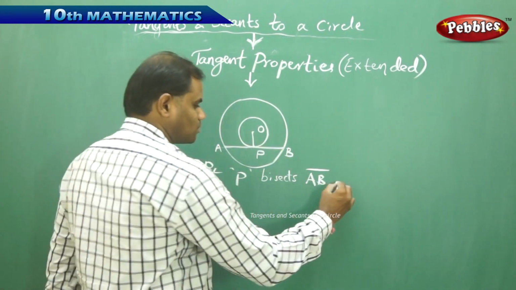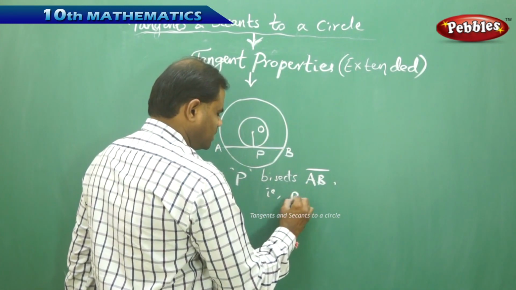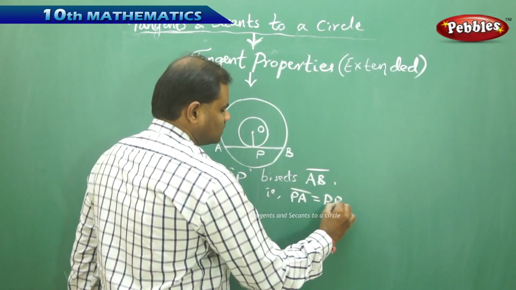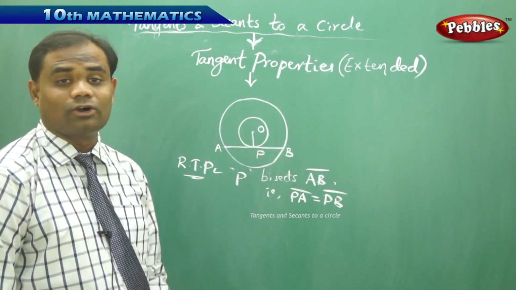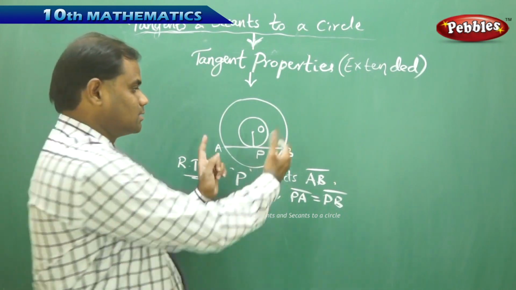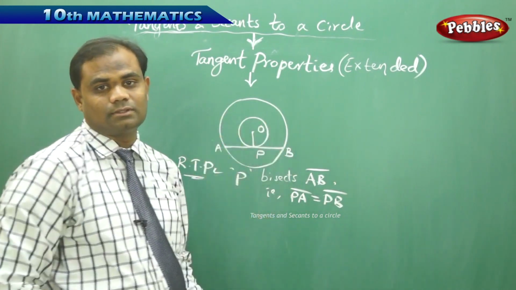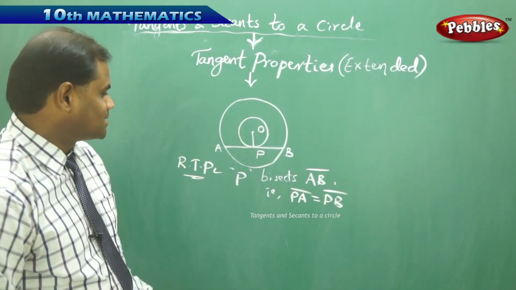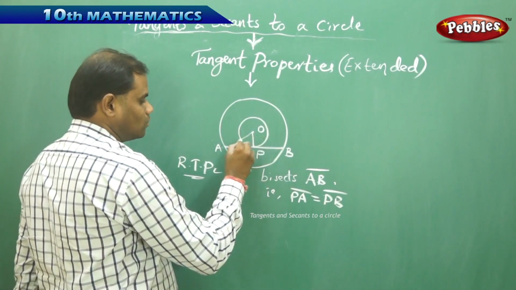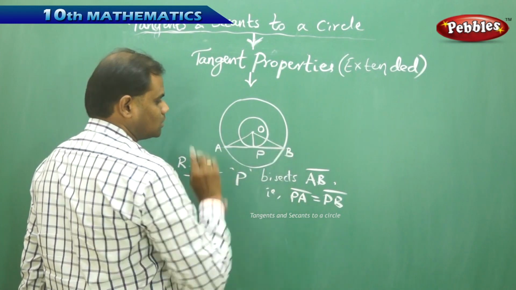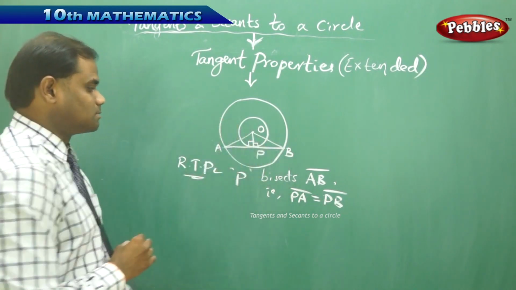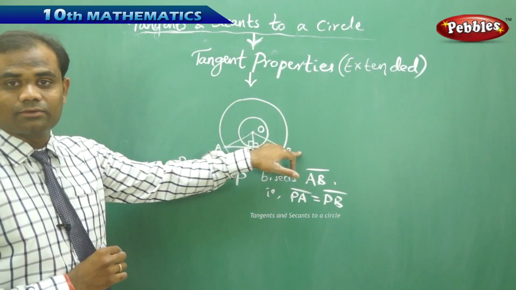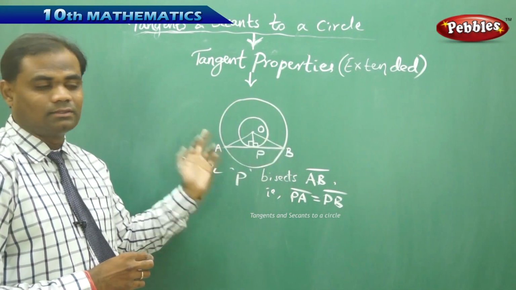That is, I have to prove that PA is equal to PB, in the case of the concentric circles, the bigger circle and the smaller circle. So for this, let's join AO and BO so that I get this perpendicular to this and this perpendicular to this, because the radius is perpendicular to the tangent for the smaller circle.